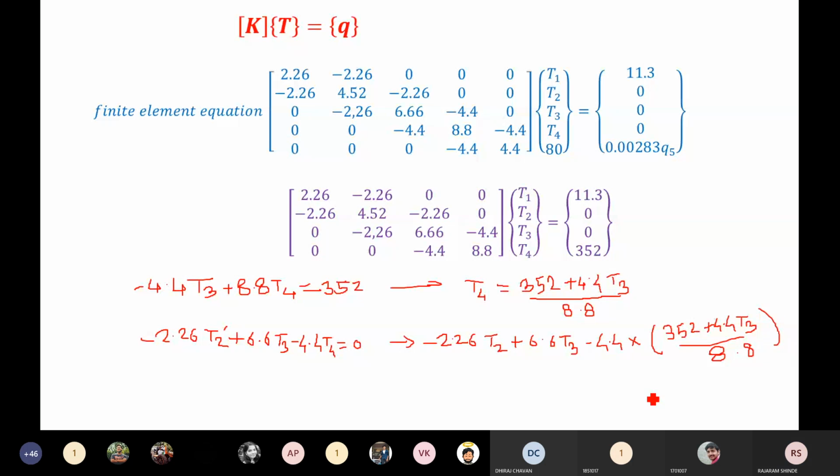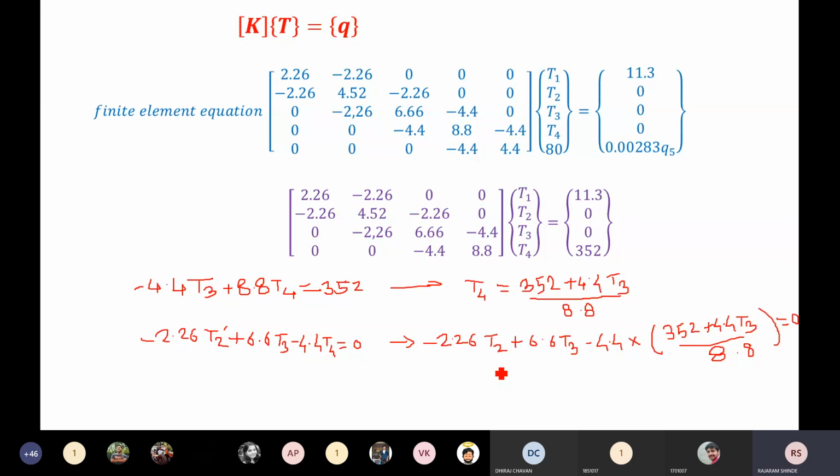Okay. Now this you will get in terms of T2 and T3. This is equal to 0. Now you write this equation in terms of T3 only, or you write this equation for T2.